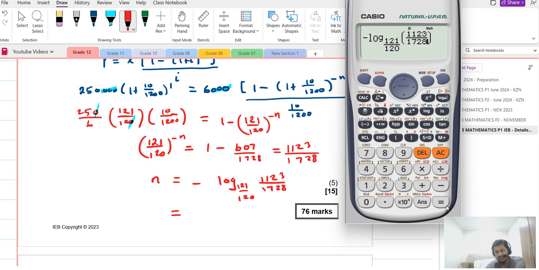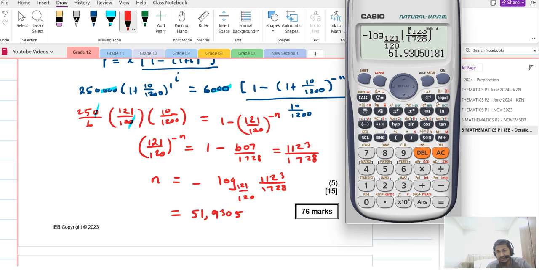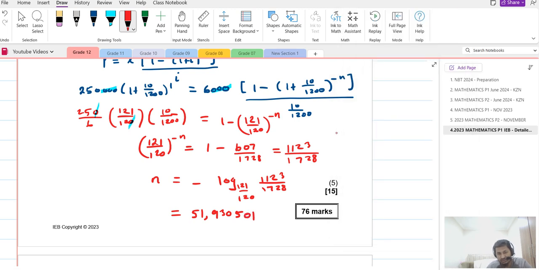I get 51.9305 0181. So therefore n is equal to 52 payments, where you're going to have 51 full payments.